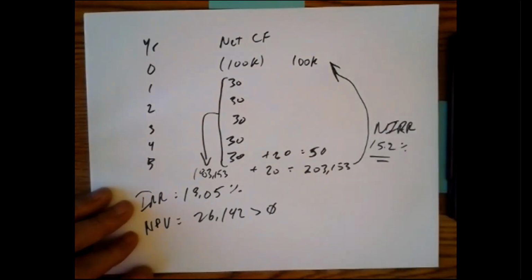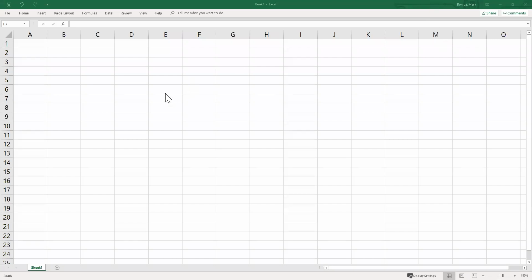And then let's switch now to doing Excel, especially since we're going to mess around and do some scenarios. Okay, so now using Excel, first let me redo parts A and B. So we have year, and we have 0, 1, 2, 3, 4, and 5.